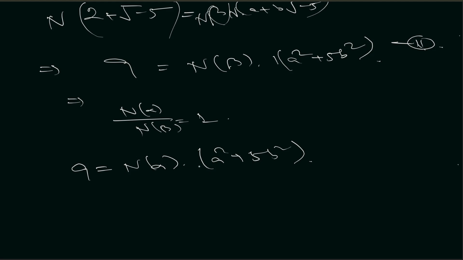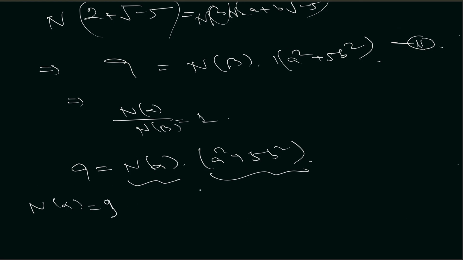So what are the choices for a square plus 5b square? What are the choices for a and b? Suppose your norm of alpha can be 1, can be 9.